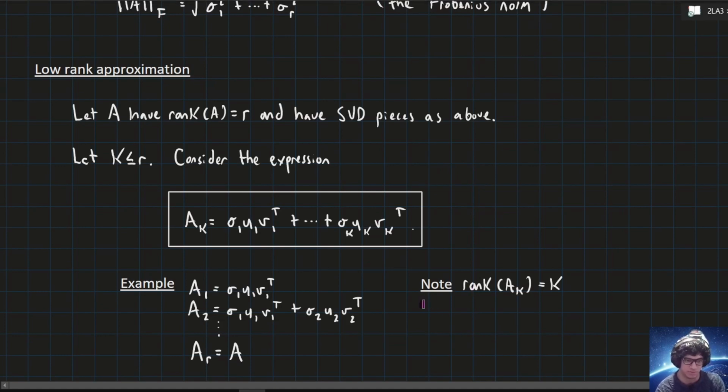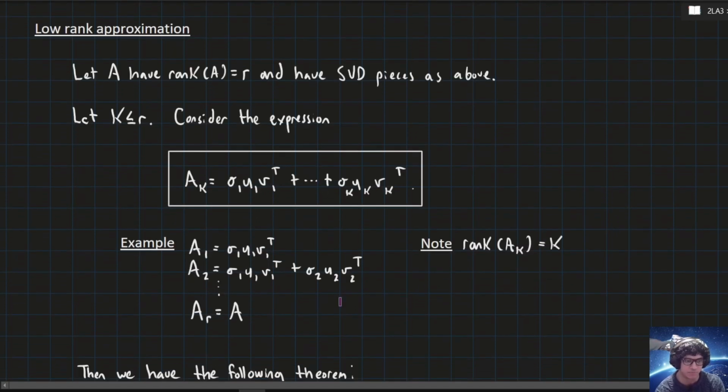And an important fact is that the rank of A_k will equal k. Okay? So you're taking the sum of k many rank 1 matrices, and this sum will have rank k.